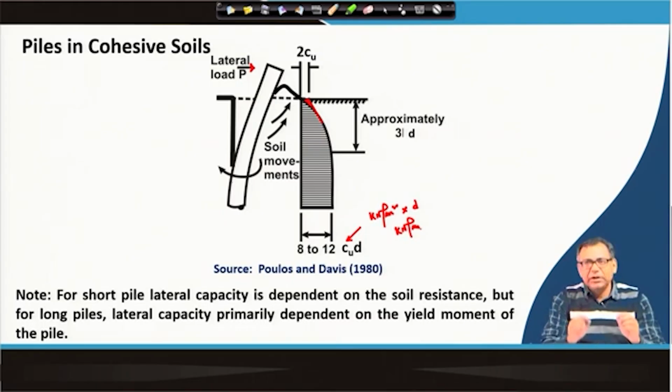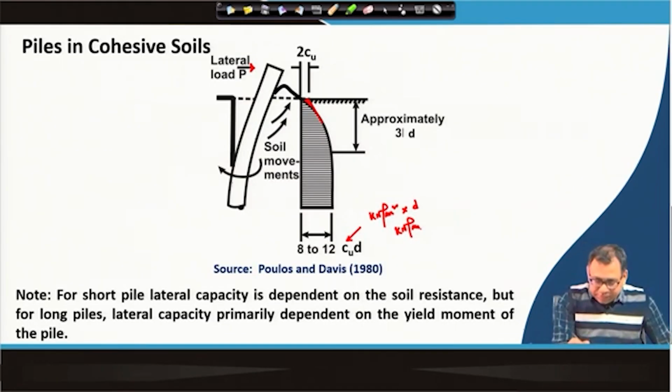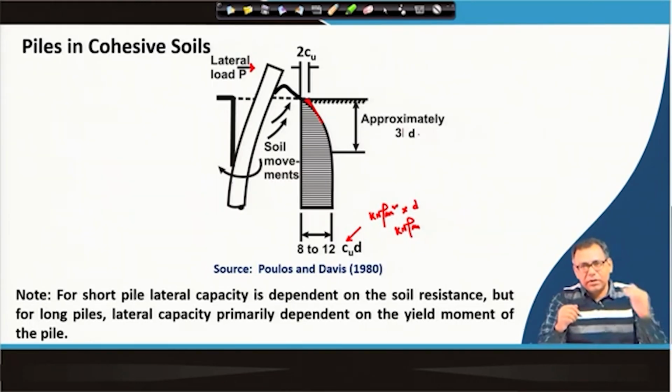So, that means actually the distribution is 2 cu to 8 to 12 cu at the base of the foundation, and it is also noticed that approximately after the 8D from the top of the pile, the distribution is uniform. It is also observed that for the short pile, lateral capacity depends on the soil resistance.